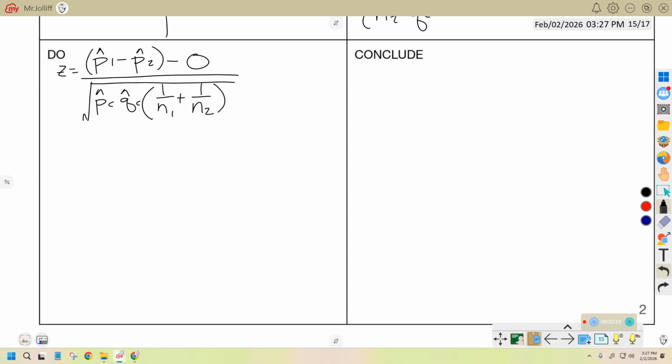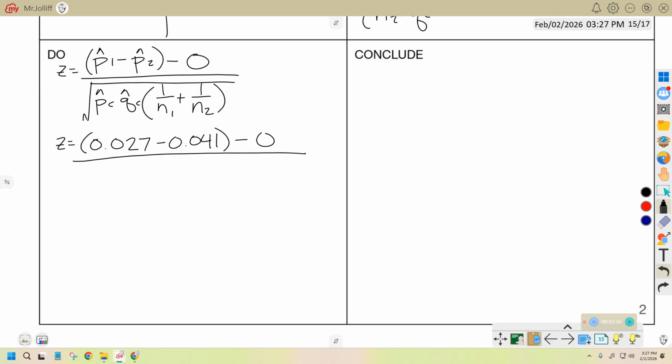Next, I show the numbers substituted into the formula. So P hat 1 was 0.027? Somebody who's looking at their paper? Yes, thank you. Minus 0.041. Minus 0.